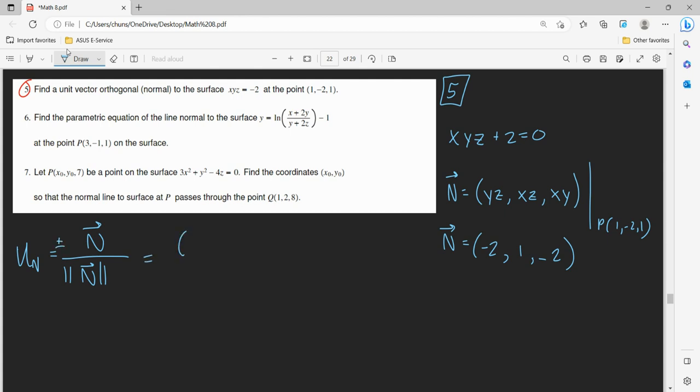So this is negative 2, 1, negative 2, plus or minus, over square root of 9.